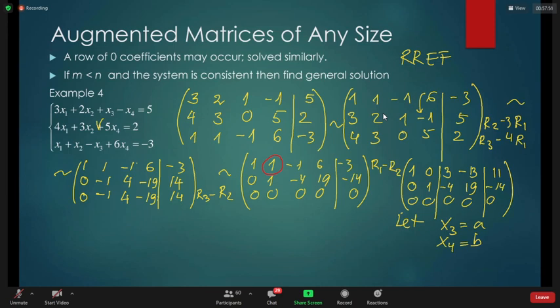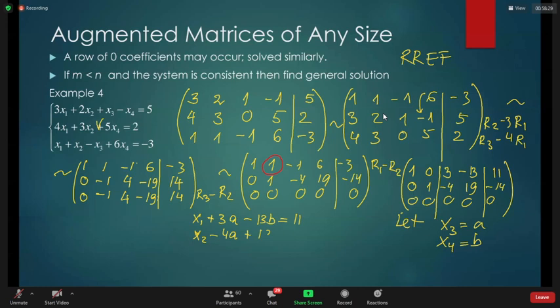Now, if we choose x3 and x4 to be any numbers we like, then the x1 and x2 from the first and second equation could be expressed. In other words, I would get x1 plus 3a minus 13b equals 11, and in the second row, x2 minus 4a plus 19b equals minus 14.